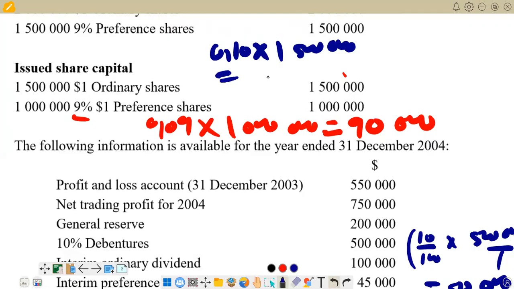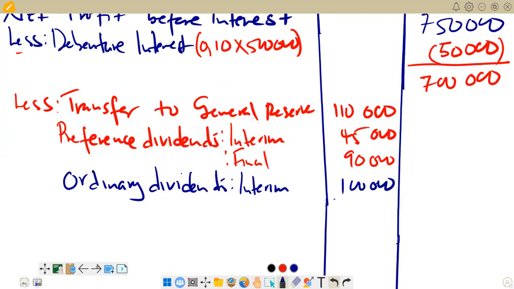Then you get 150,000 there. So here we put final 150,000. Then having done that, it means we have entered everything that needs to be subtracted.